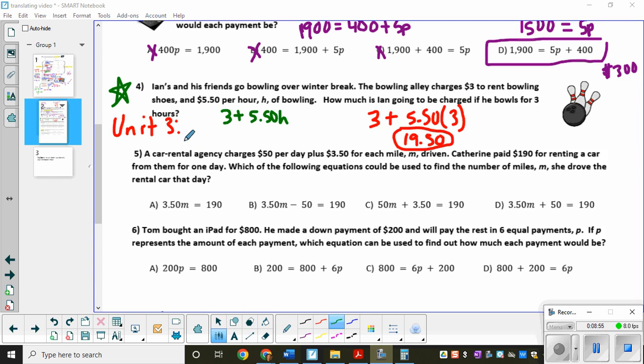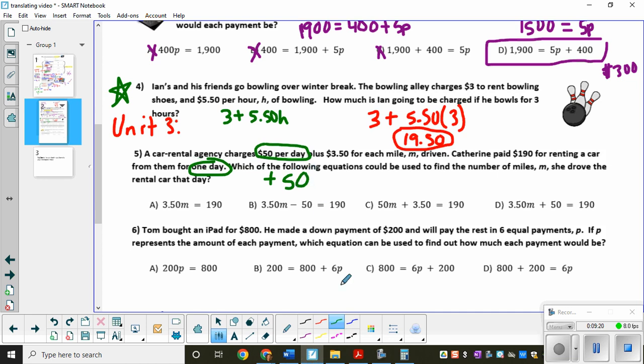So for number 5, we have that a car rental agency charges $50 per day and then $3.50 for each mile driven. Now Catherine paid $190 total for renting a car for 1 day. So if it's $50 per day and she only rented it for 1 day, we should only see a plus 50.